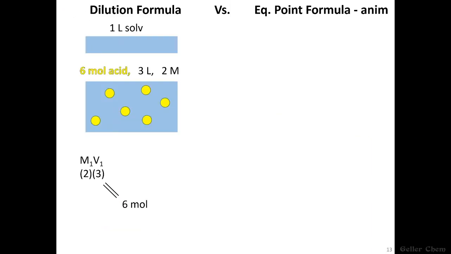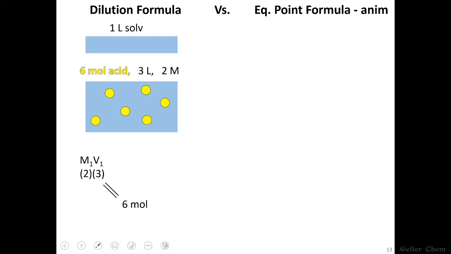Now we'll use a visual to hopefully hammer out the differences between these two formulas, starting with the dilution formula. Let's say that we have a 3-liter solution containing 6 moles of acid, thus we have 2 moles per liter. Usually we would just have concentration and volume information, and by multiplying the two together, we could determine how many moles there were in solution.